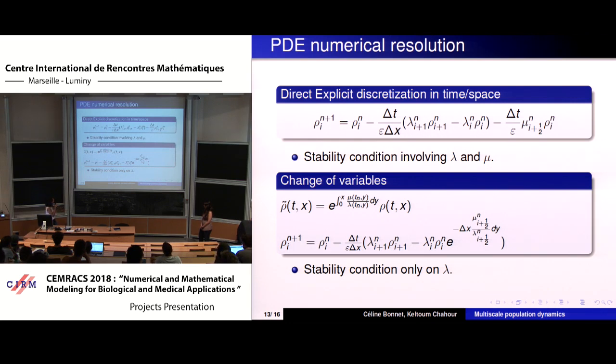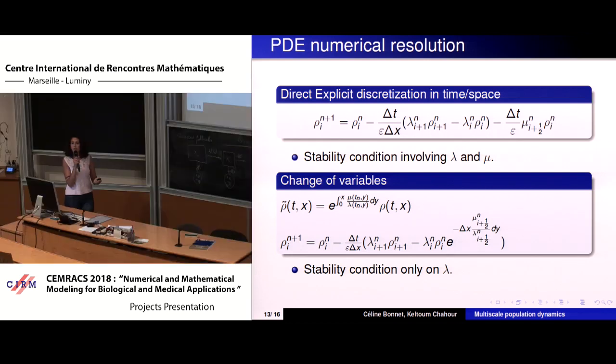And then we obtain this scheme for this new resolution. We can see from this expression that the stability condition for this scheme doesn't involve mu anymore, but only lambda. This is less restricting for us. That's why for the resolution of the PDE, the figures we will present later are with this scheme, because the stability condition is less constraining in this case, since it involves only the maturity rate.